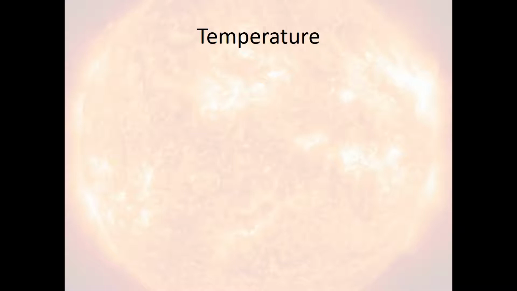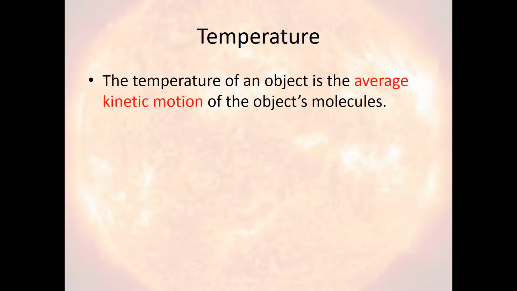And interestingly enough, these molecules actually aren't frozen in place. Rather, they're actually moving. And when we talk about temperature, we're simply talking about the average motion of these molecules. Or another way to put it, the speed of the molecules.